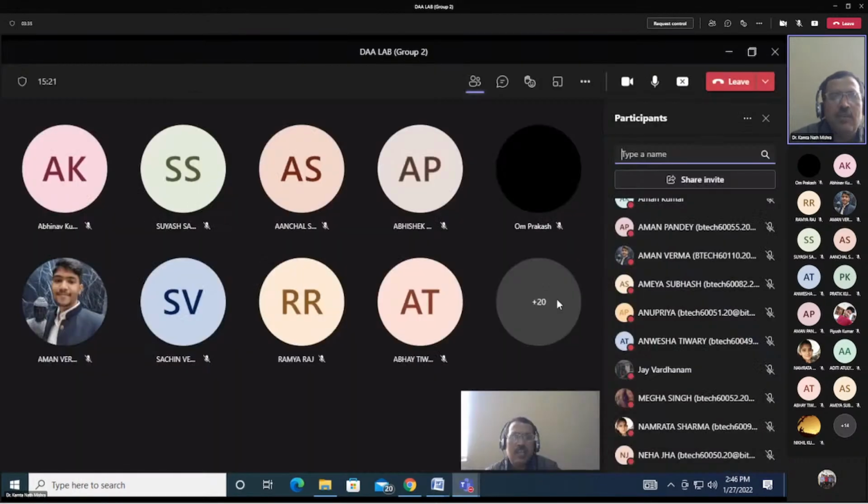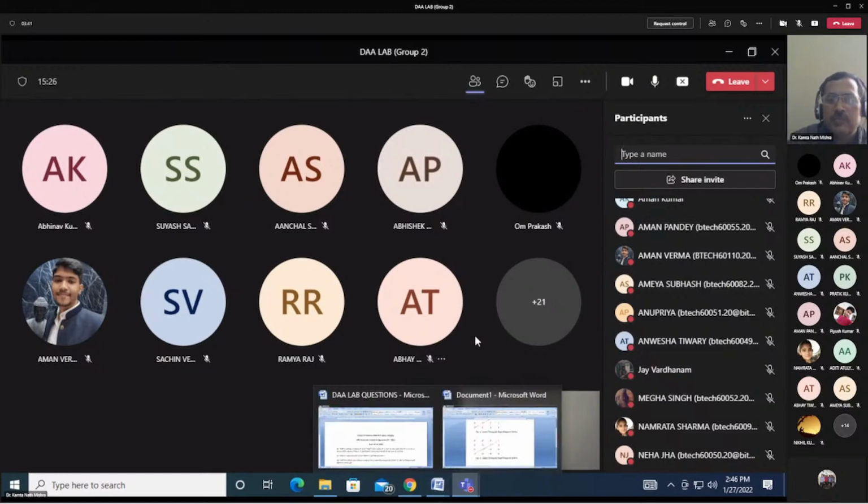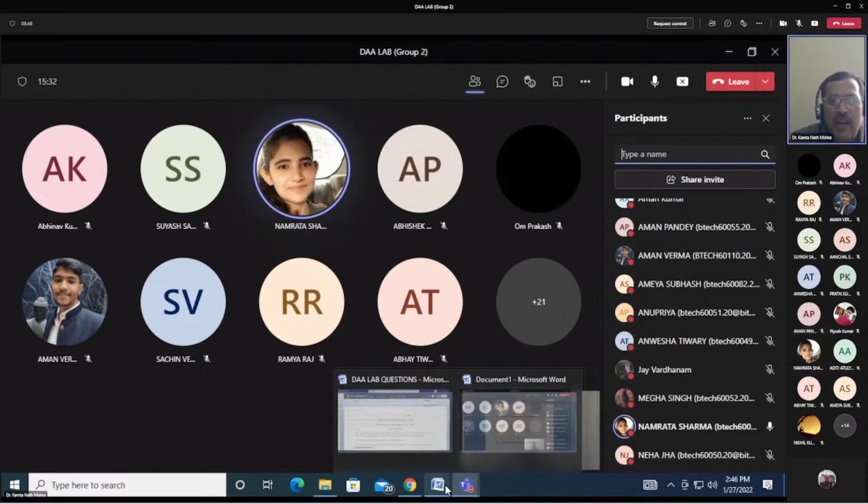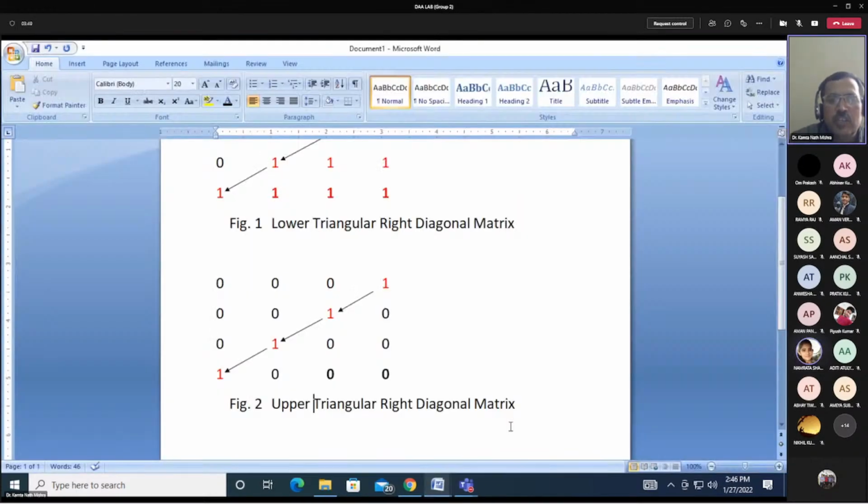So what will happen in the case of the upper triangular right diagonal matrix? Namrata Sharma, tell me, which value should I keep non-zero? A00 should be non-zero, then A01, then A02.